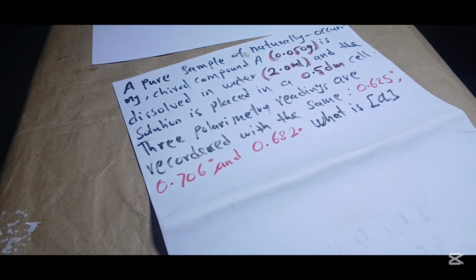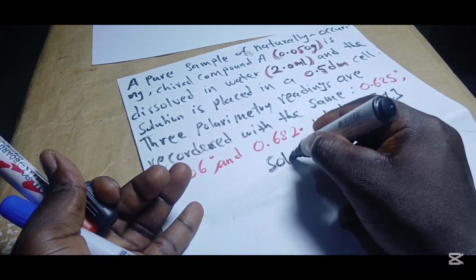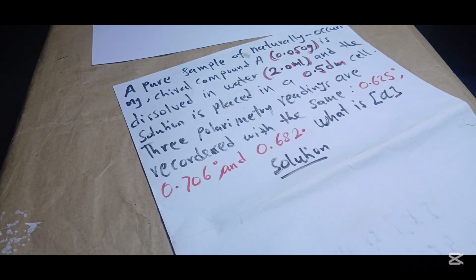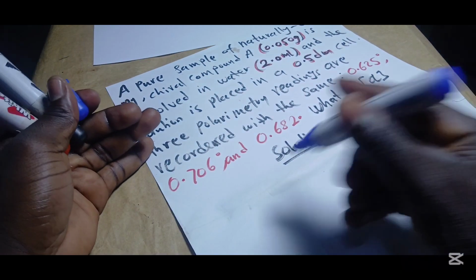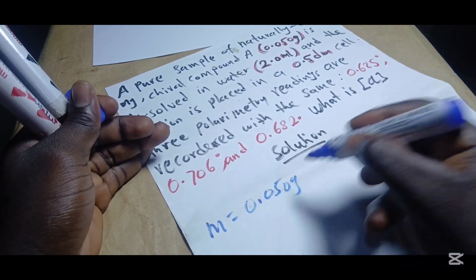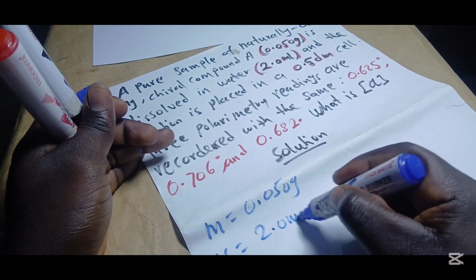So first of all, before that, let's see the parameters that we were given. We have the mass of the solution, which is 0.050 grams. And we have the volume, which is 2.0 ml.